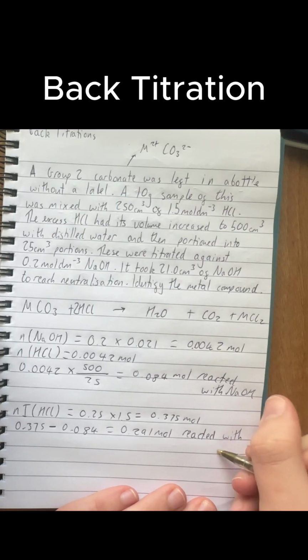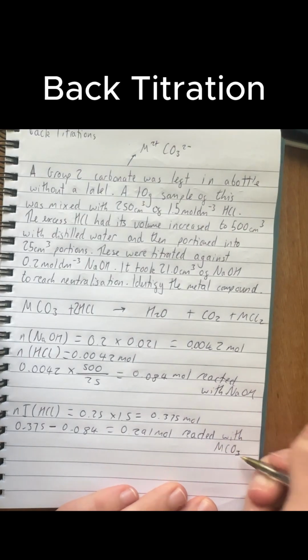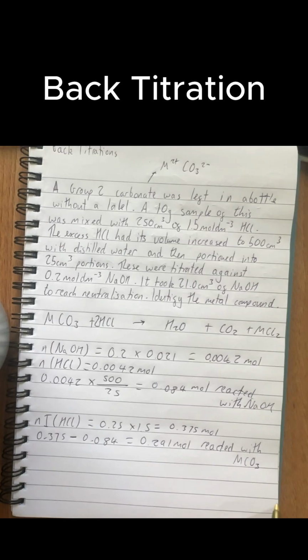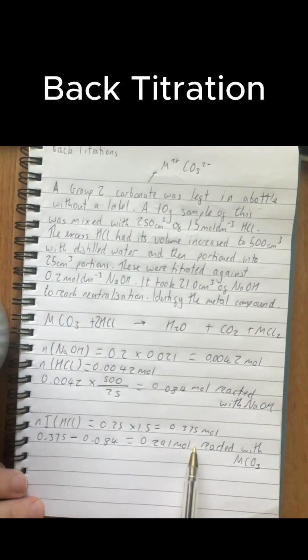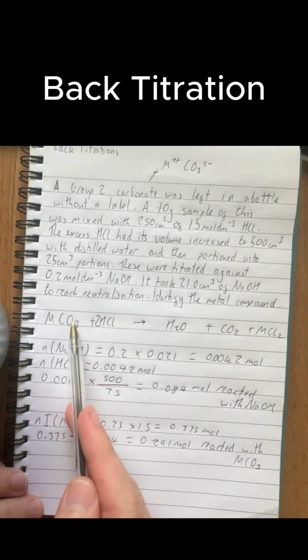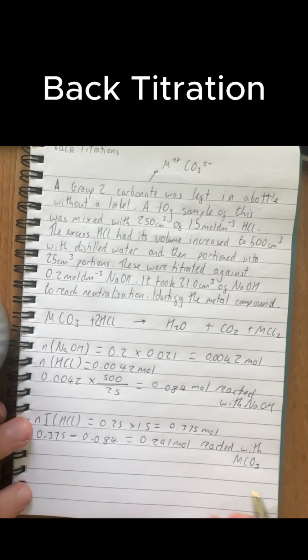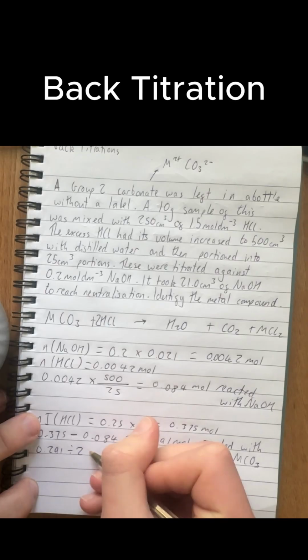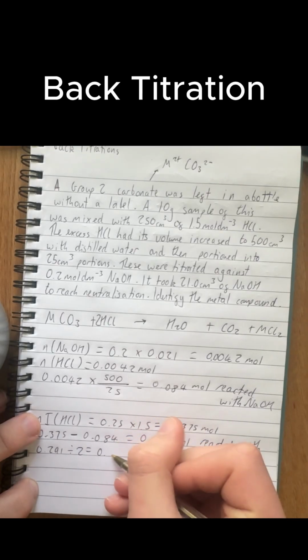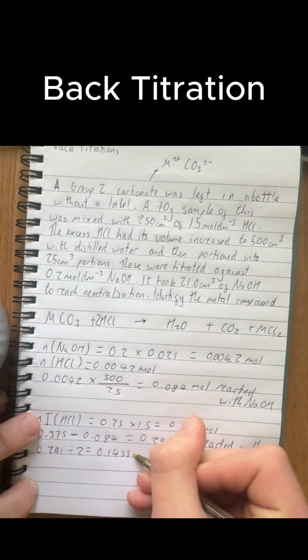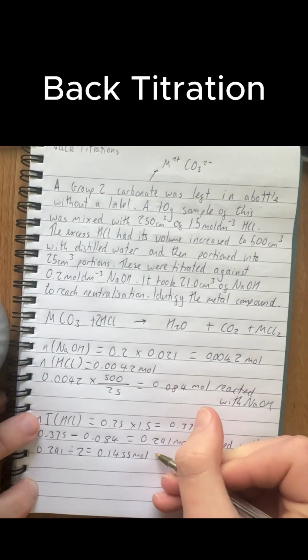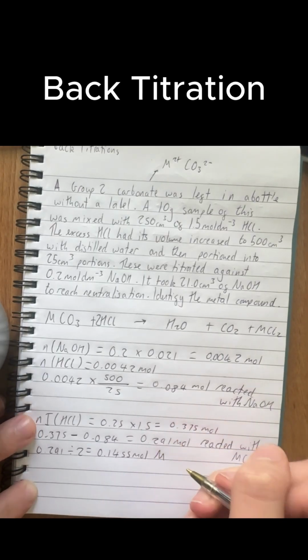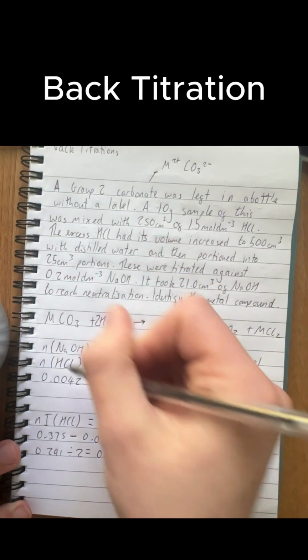with MCO3. As we know from up here, the moles that reacted are double the moles of the metal carbonate, so we have to do 0.291 divided by 2 is equal to 0.1455 moles of, well, basically of M, because it's a 1-to-1 ratio there.